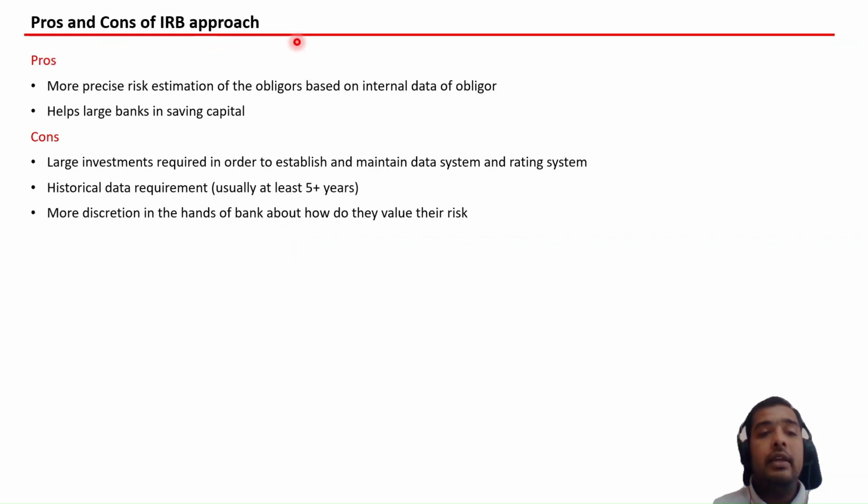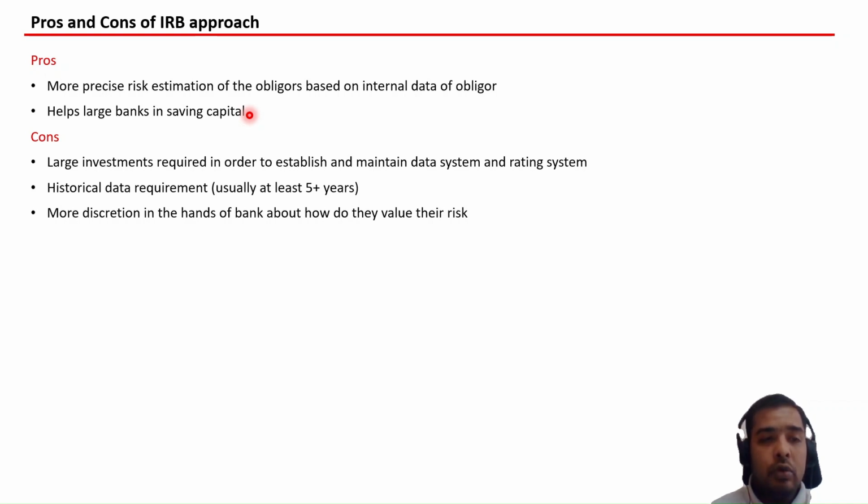The IRB approach helps banks have a precise risk estimation of the obligor based on the internal data of the obligor, and it also helps banks achieve large capital savings, as the RWA number that the supervisor suggests is based on an industry benchmark, and if a bank uses its internal model to assess its risk accurately, it can save a sufficient amount of capital which can be deployed to enhance the bank's business.